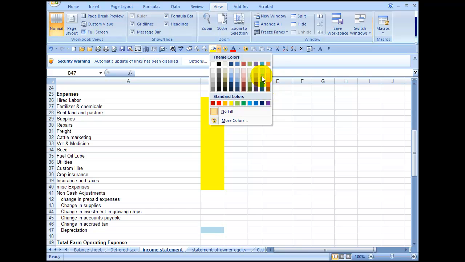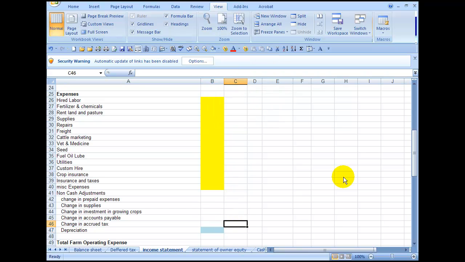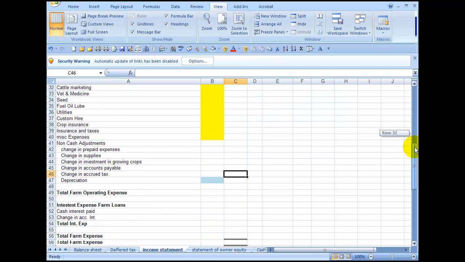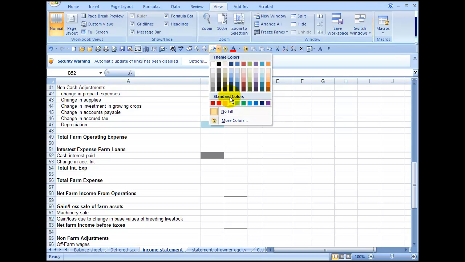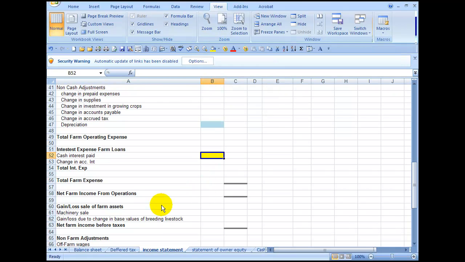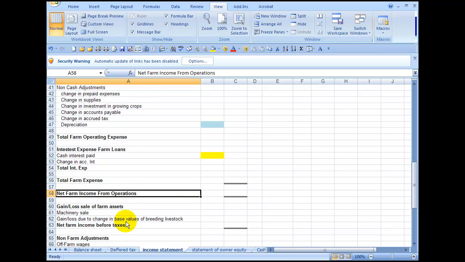We're going to put in a formula there, but it's something that we watch out for, so I just put a different background and I used blue. Cash interest paid is a cash amount, so it's yellow. And then the change in accrued interest is an adjustment, a formula. Total farm expense, net farm income from operations, those are just subtotals of the above information.